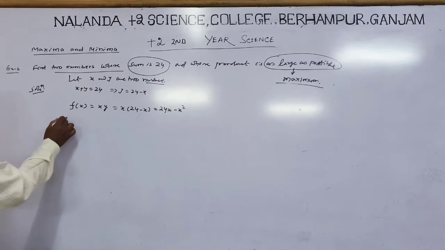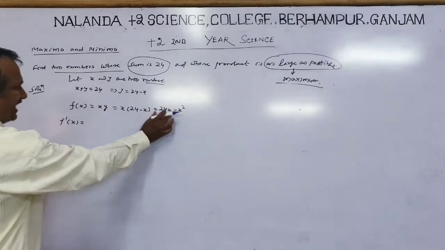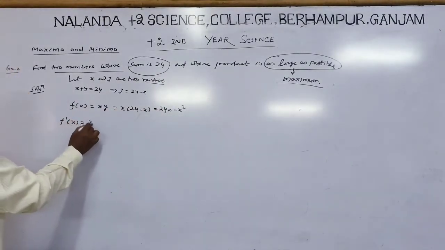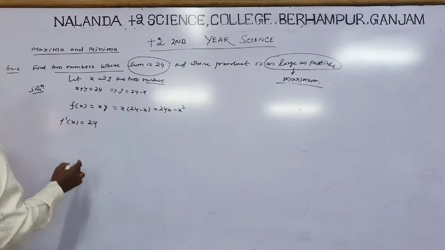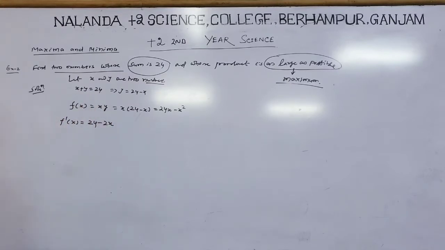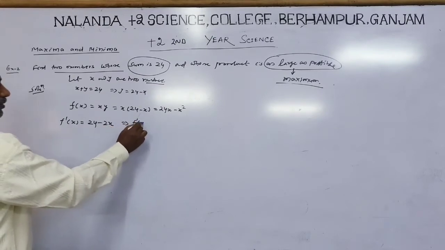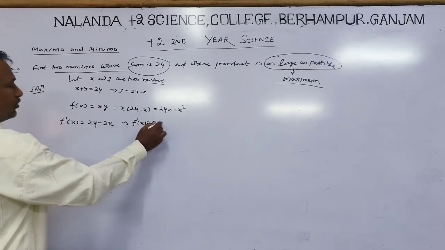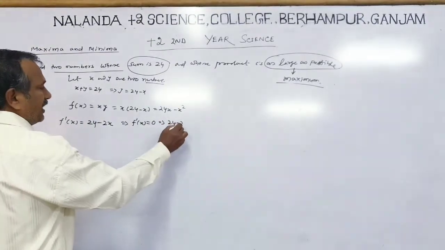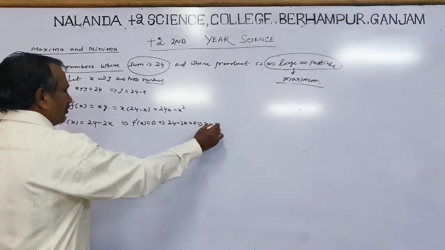Find out. f dash x equal to the derivative of 24x, which is 24, and the derivative of x square is 2x, so minus 2x. Now f dash x equal to 0, so 24 minus 2x equal to 0, which implies x equal to 12.